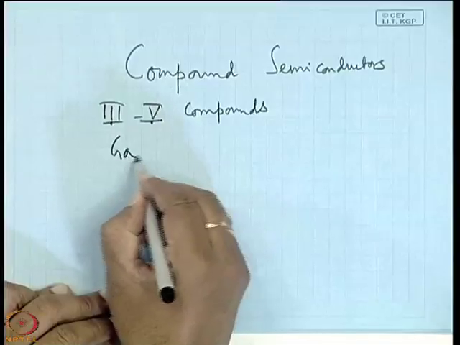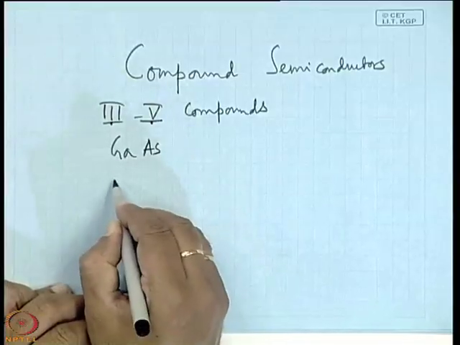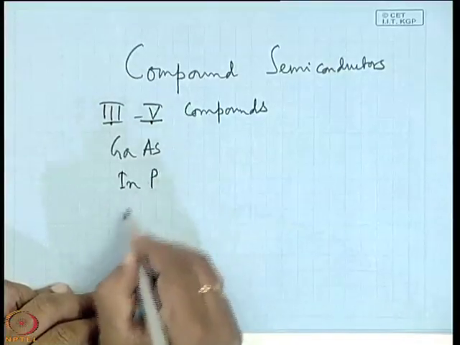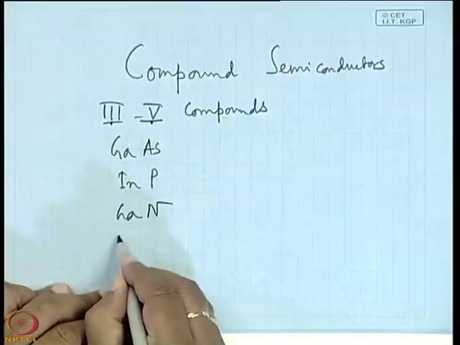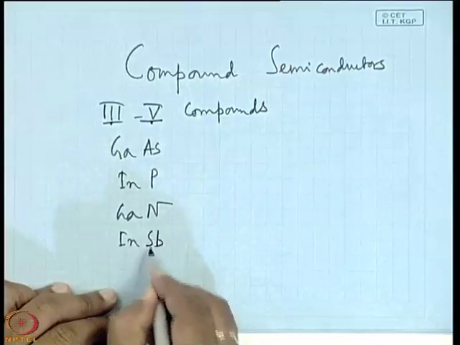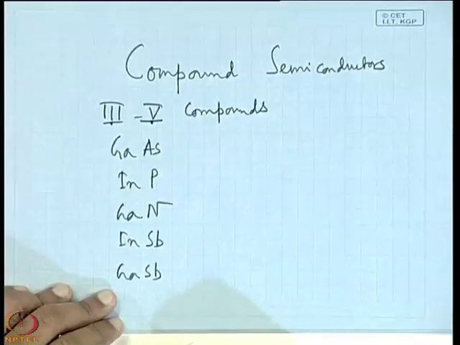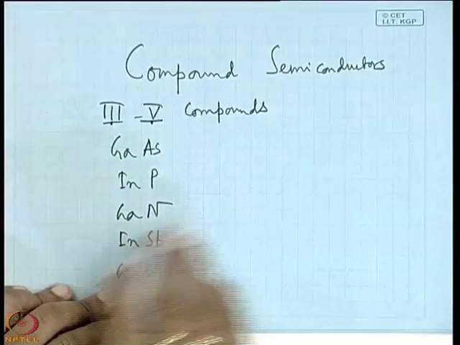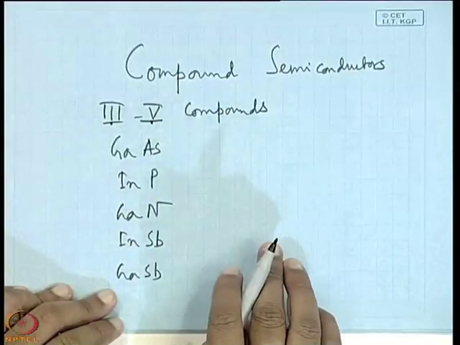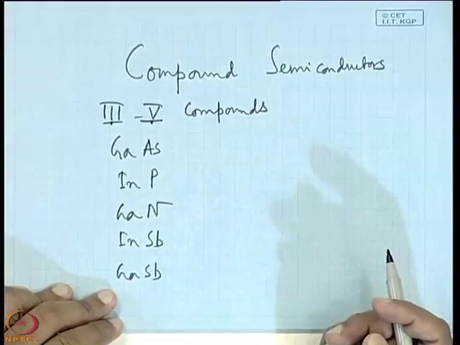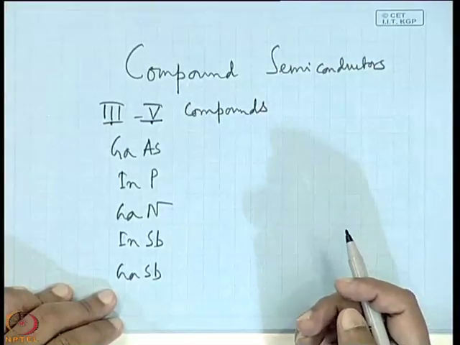Say gallium arsenide, indium phosphide, gallium nitride, indium antimonide, gallium antimonide, and so on and so forth. All those materials are useful in various applications.